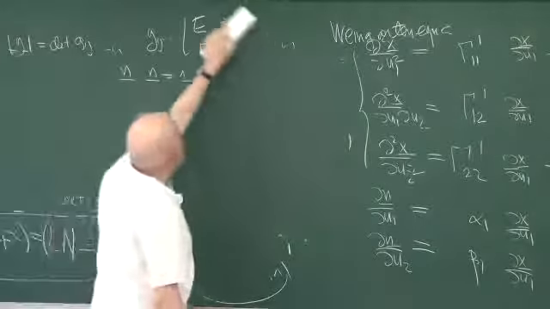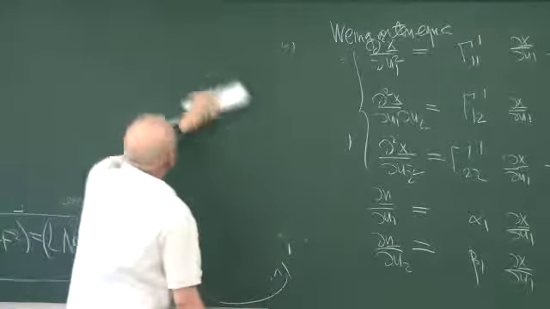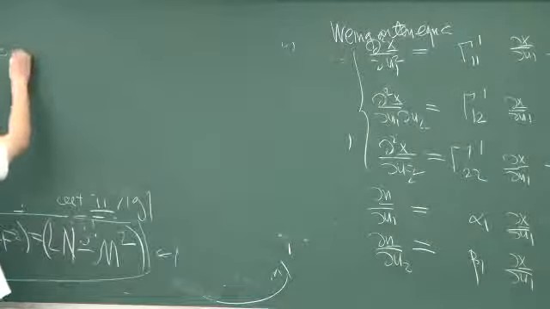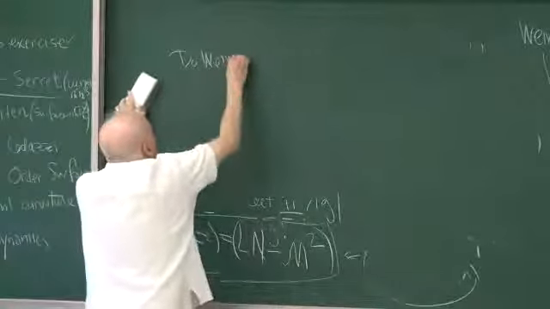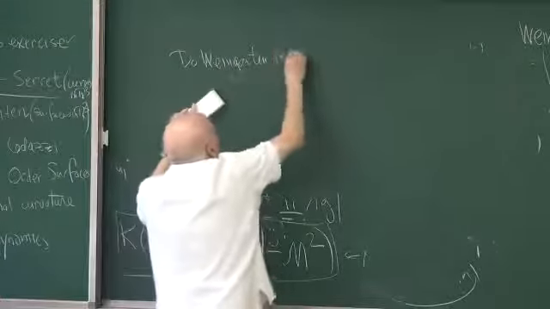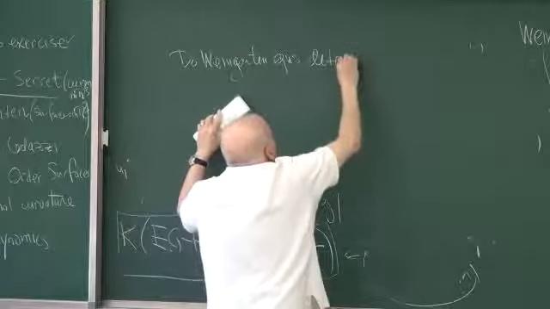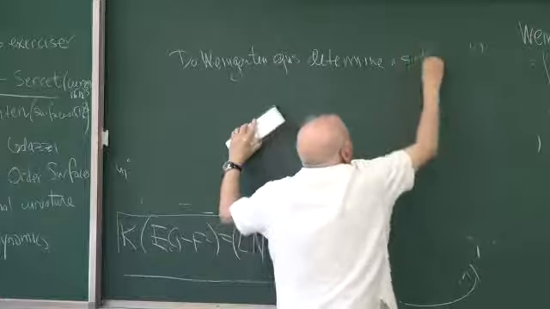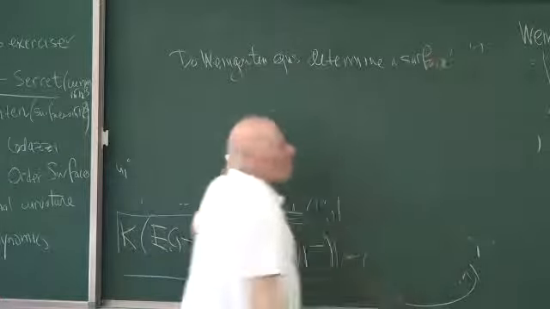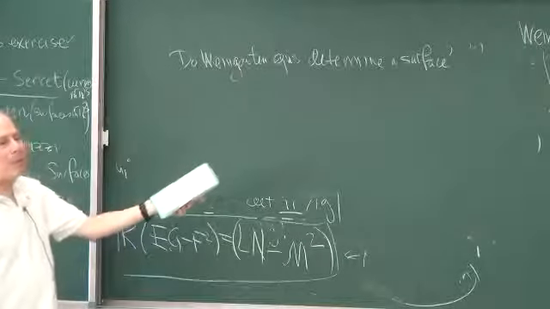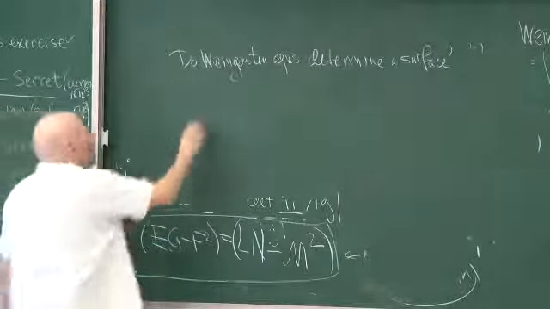Do these equations determine a surface? Well, those are the determining equations. From the point of view of PDE, are those the PDEs we should solve? And the answer is no.